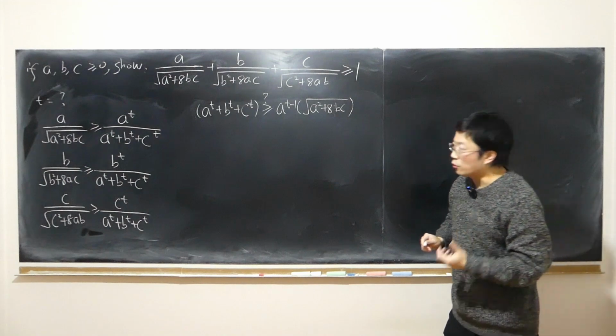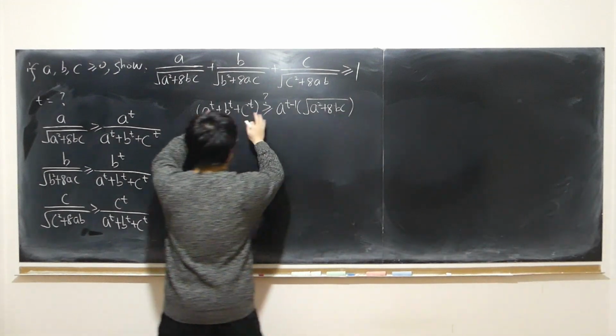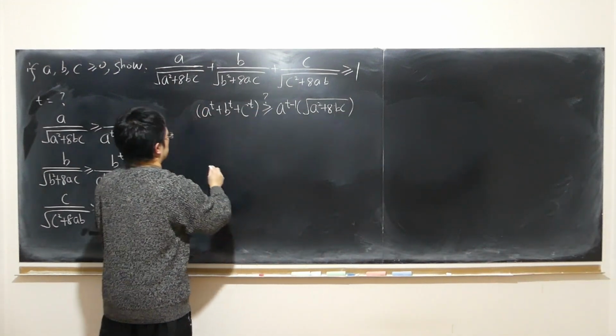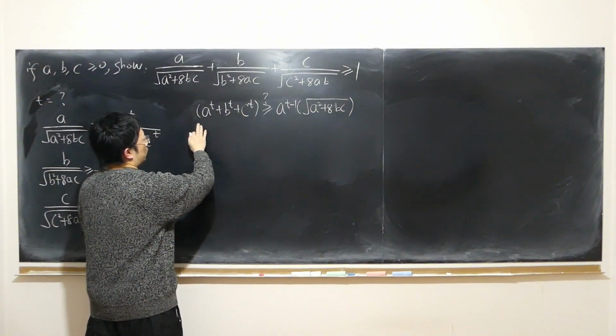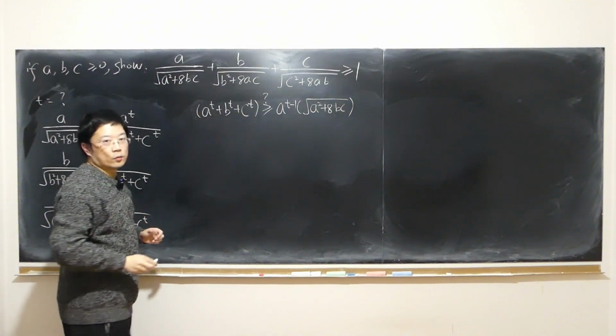And if you square both sides, because both sides are positive, obviously, then you have a polynomial expansion, similar to binomial expansion.